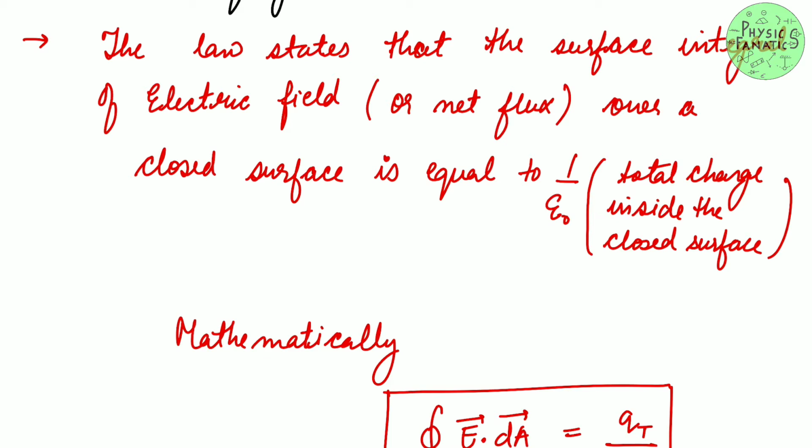So what this statement is saying is that the net flux passing through a closed surface is simply equal to 1 upon epsilon naught times the total charge inside that closed surface.